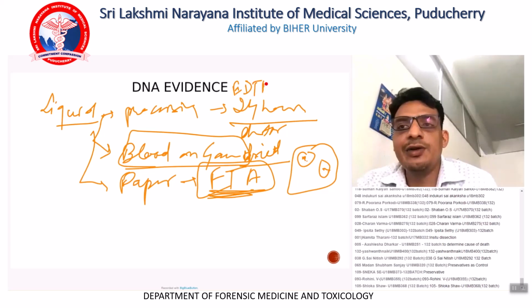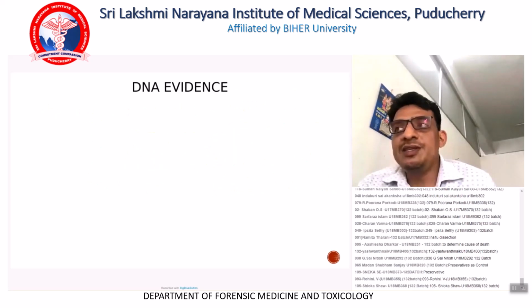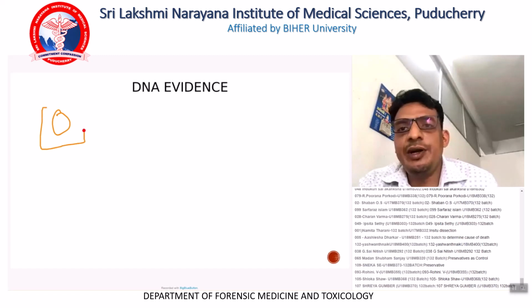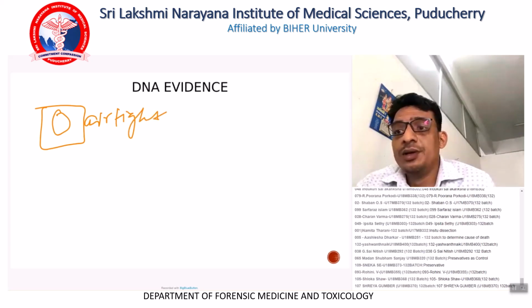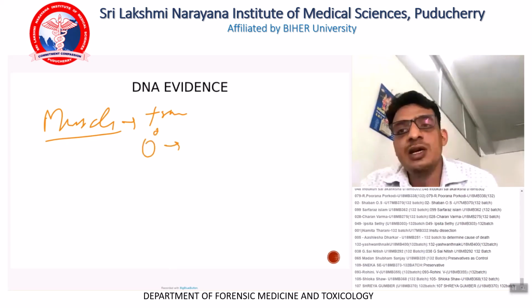If you find a blood stain, you can take that stain and put it in a dried, airtight container and send it. Third thing, we have a muscle specimen. Again, it should be transported in a temperature-controlled medium at 0 degrees Celsius. It should be packed in aluminium foil and sent. 0 degrees Celsius will work for 5 days.